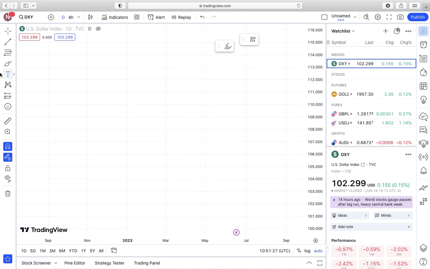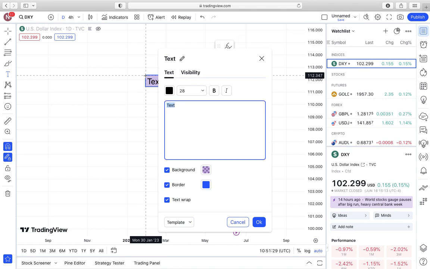Stay tuned. Now we are going to start with how support and resistance is created. That is the lesson of today.